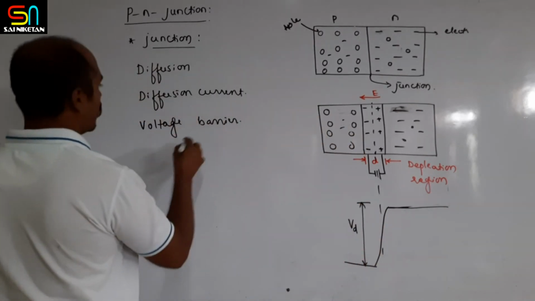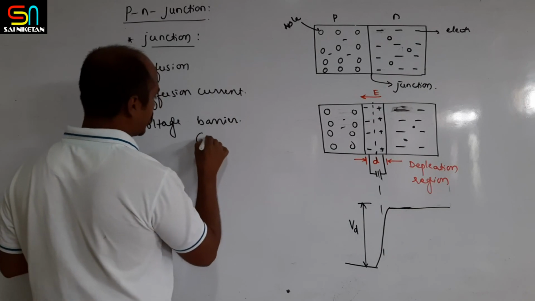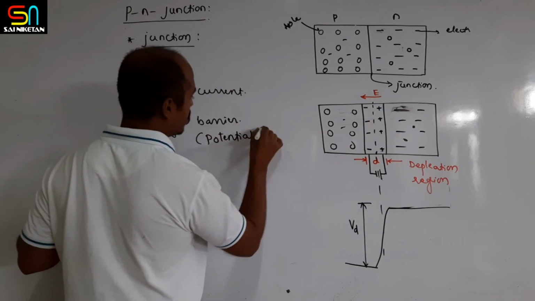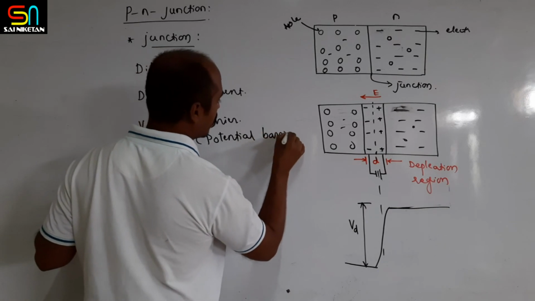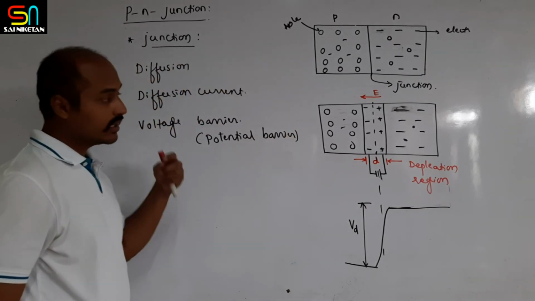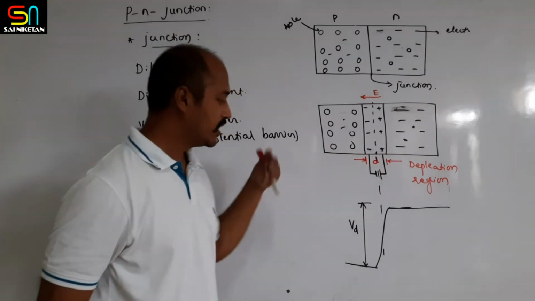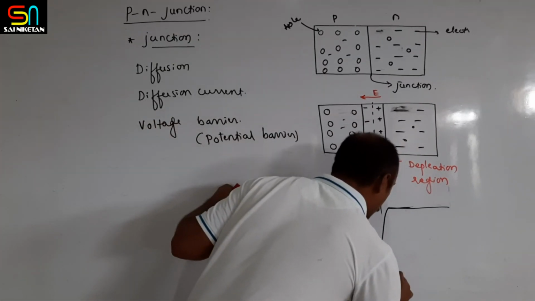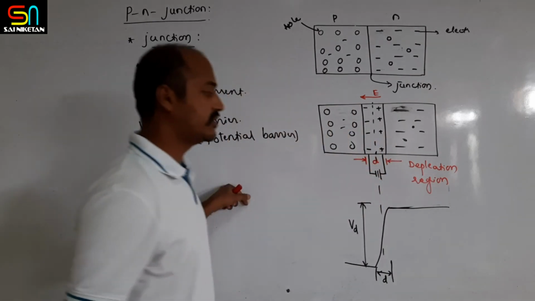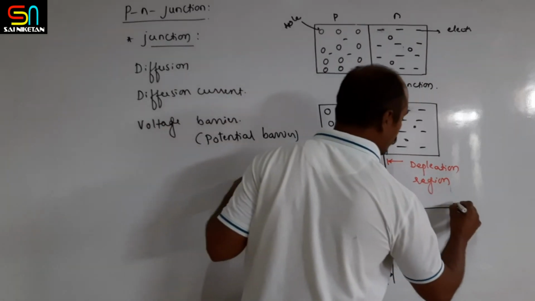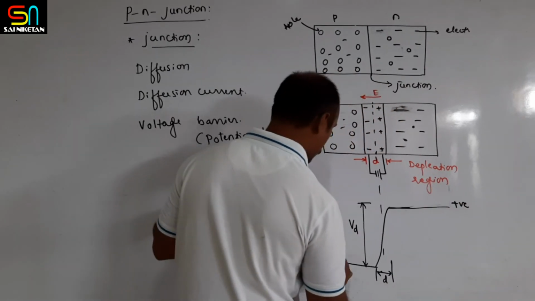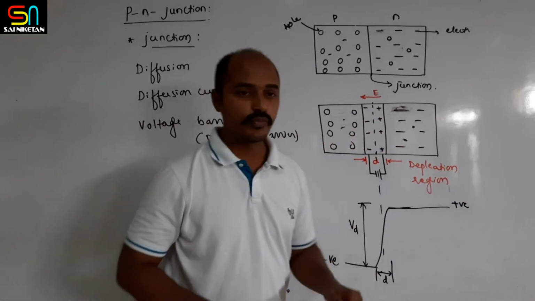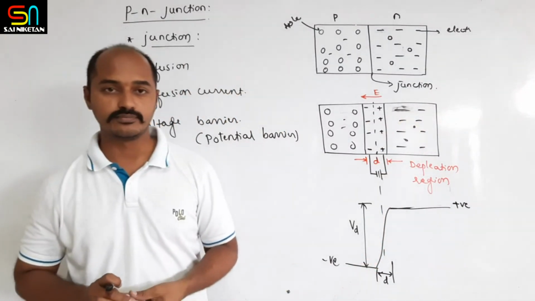So this voltage barrier can also be called the potential barrier. Because of this potential barrier, electrons from the N region do not cross to the P region, and this distance is nothing but the depletion region. This distance, and this is positive and this is negative. So this is the electric field diagram. So this is regarding the PN junction.